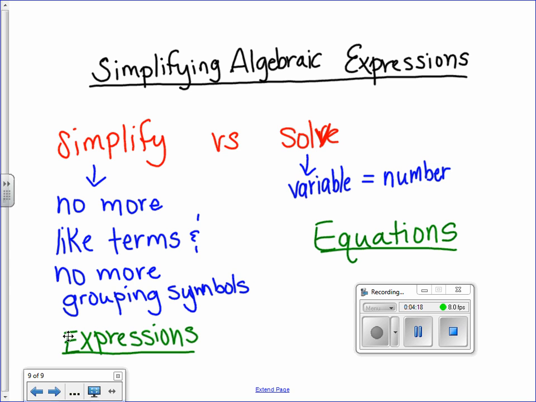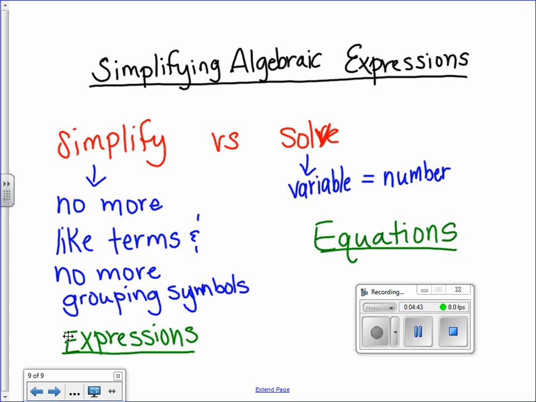And that is something that I saw on your summer assignment. You were told to simplify, and you told me what x equals. That's impossible. If there's not an equal sign and something on the other side of it, you can't figure out what x is. You can only simplify. You cannot solve an expression.